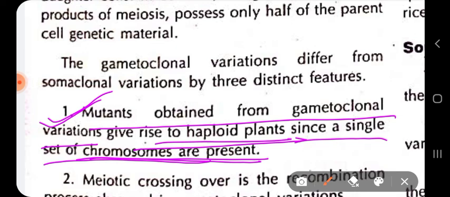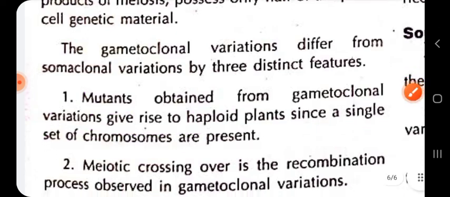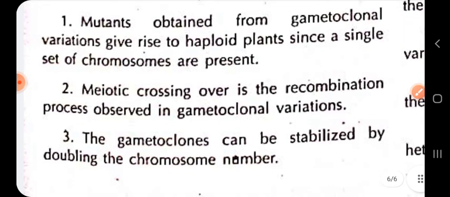The second difference is that meiotic crossing over and recombination are observed in gametoclonal variation. And the third is that gametoclones can be stabilized by doubling the chromosome number.